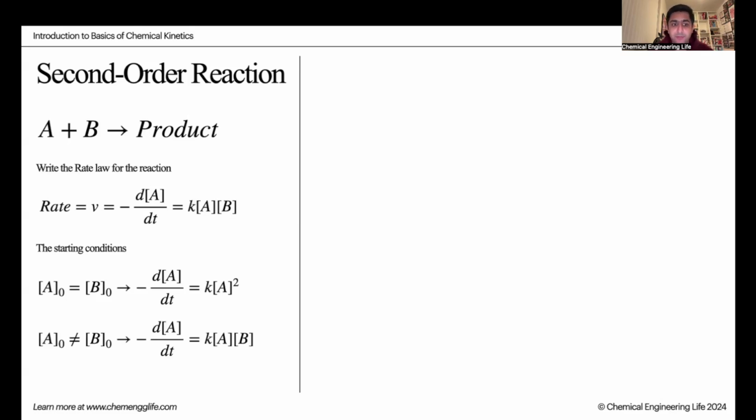So there's nothing different in that. On the other hand, if the starting concentration of A and B is not the same, then you will end up getting an expression which is dependent on both A and B. So the rate law that you see on the screen there would be the negative differential, dA over dt, is equal to k times A times B. Since we have two different reactants, we would say that let x be the concentration of each species that has reacted at a time t.